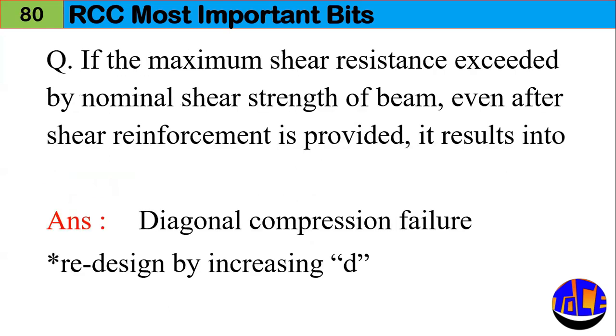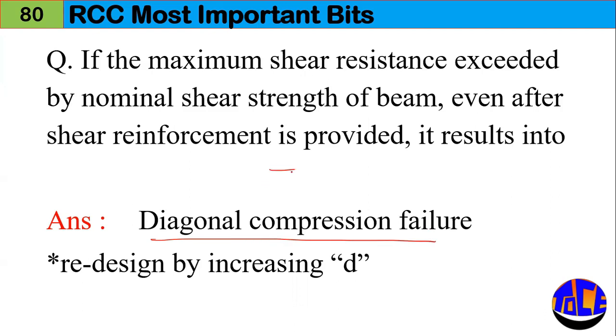Question number 80. If the maximum shear resistance is exceeded by the nominal shear strength of the beam, even after shear reinforcement is provided, it results in diagonal compression failure.